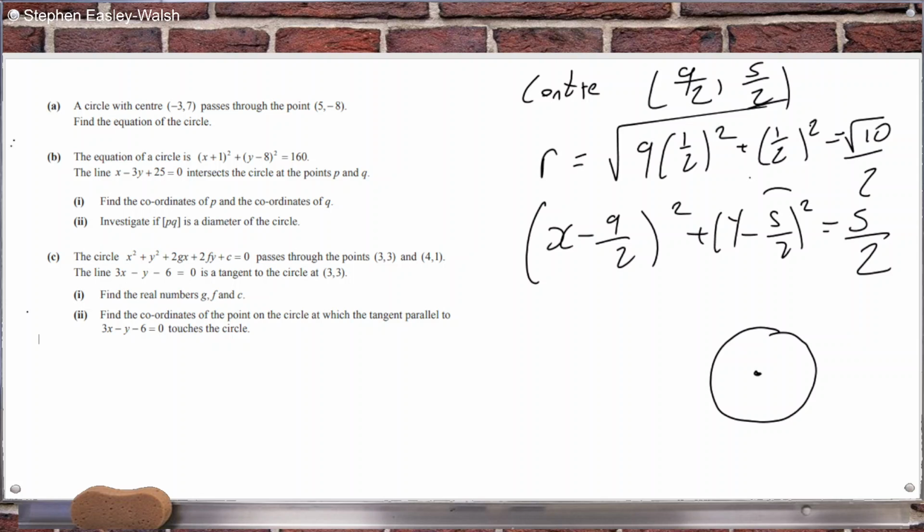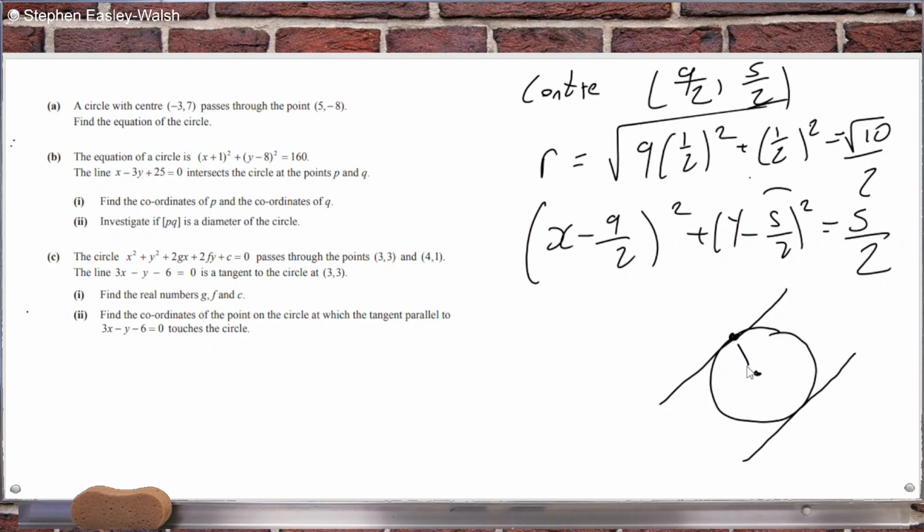I'm not quite sure what that means. Find the coordinates of the point on the circle at which the tangent, at that point I assume, parallel to 3x. Okay, hang on. Wait, that's a tangent there, 3, 3. Okay. So find the coordinates of the point on the circle at which the tangent parallel to 3x minus y minus 6 touches the circle. Oh, okay. So are they just looking for the opposite one on the other side?